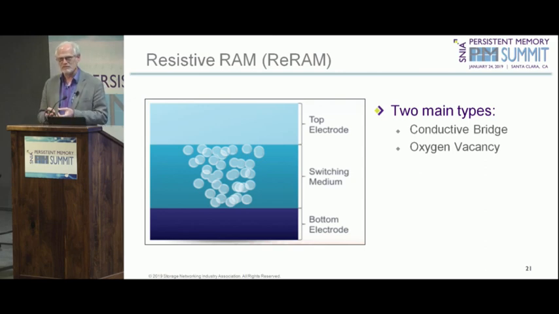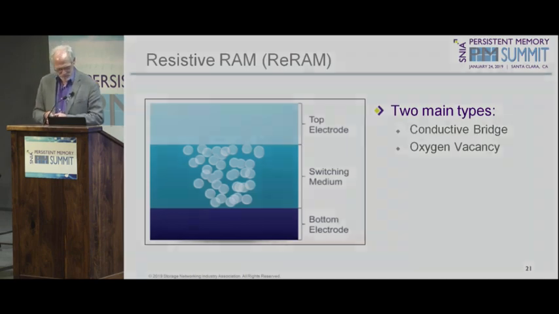The other one is oxygen vacancy, where there are oxygen-rich and oxygen-poor regions, and changing the amount of that in the material will change its resistivity. So you have a top electrode and a bottom electrode, and the stuff in between changes resistance depending upon the currents and voltages you apply to it.